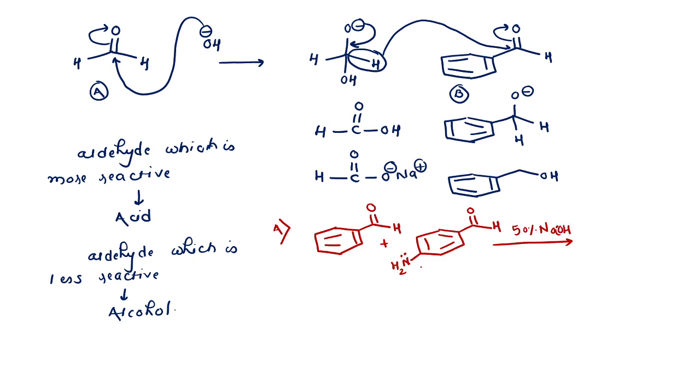All of you know that NH2 is electron donating, and the aldehyde group is present at the para position. So this will go to this, this will go to this, definitely there is delocalization. Out of these two aldehydes, this aldehyde is more reactive, so that will get converted into acid. And the aldehyde which is less reactive gets converted into alcohol.